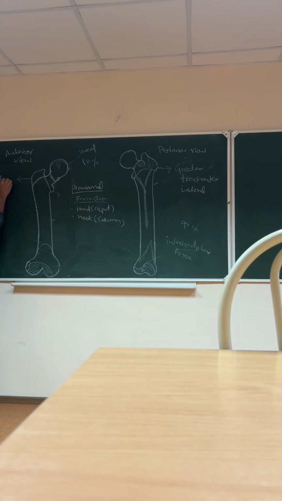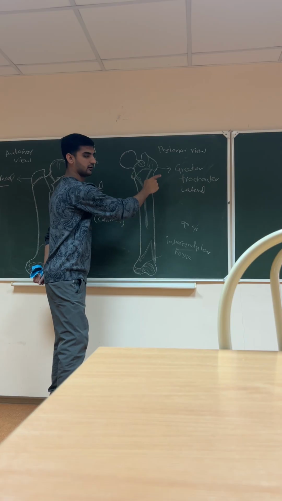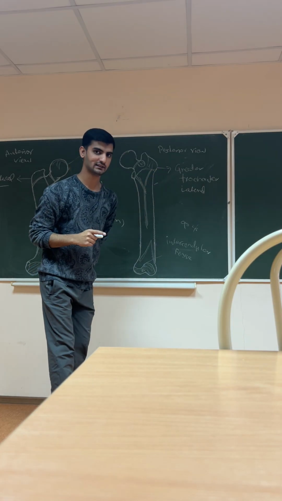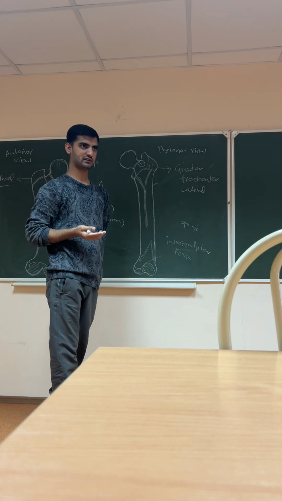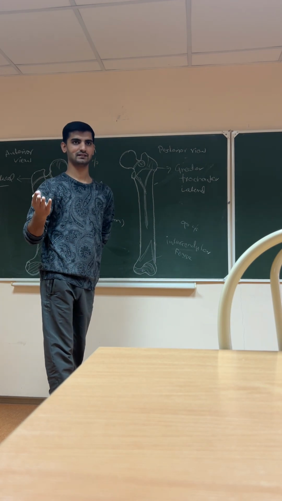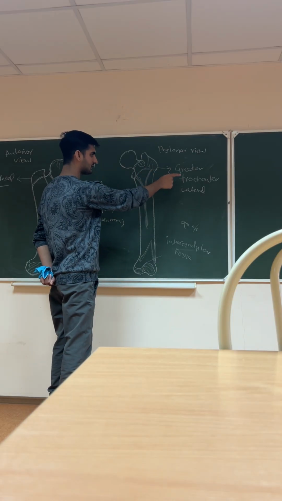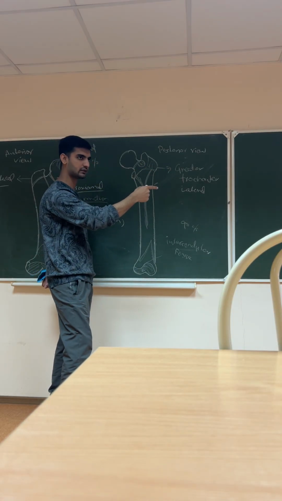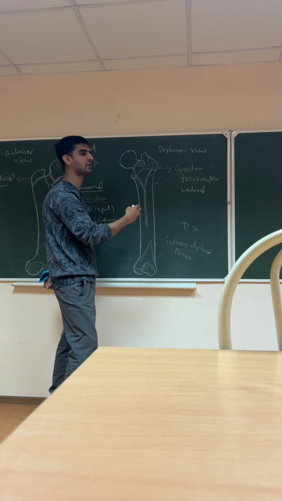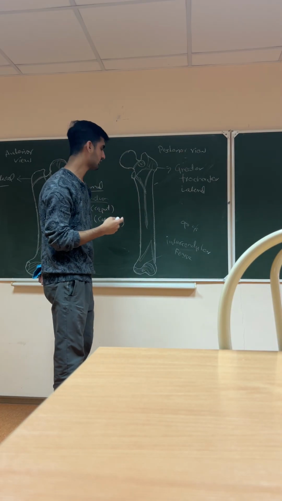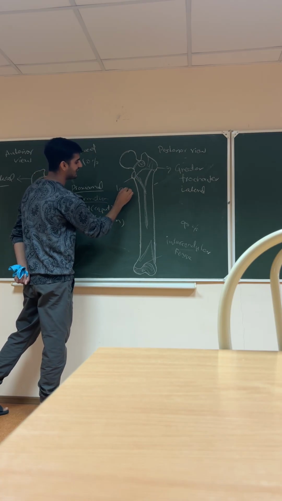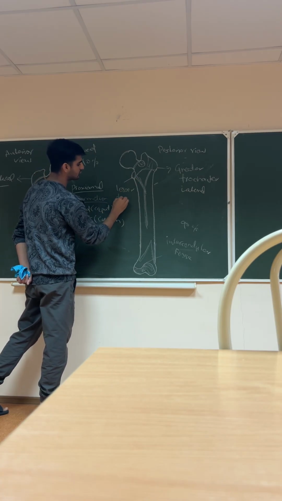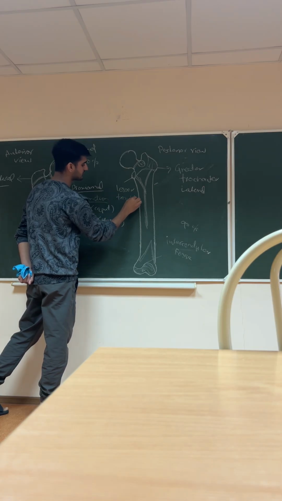In Latin, how can you pronounce it? Trochanter major. If the professor asks which side it is located, it is lateralis, the lateral side. The greater trochanter means trochanter major in Latin. And this small one is the lesser trochanter, trochanter minor.